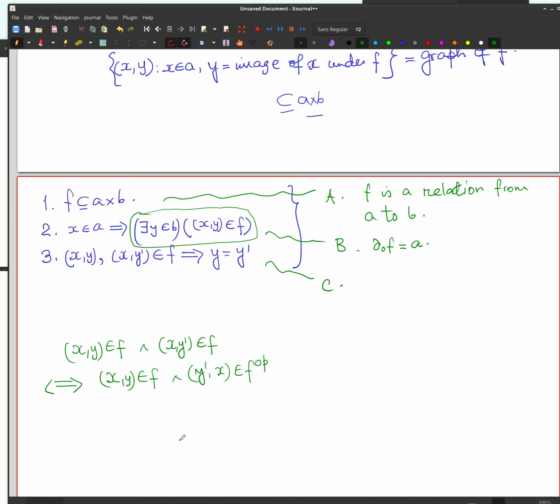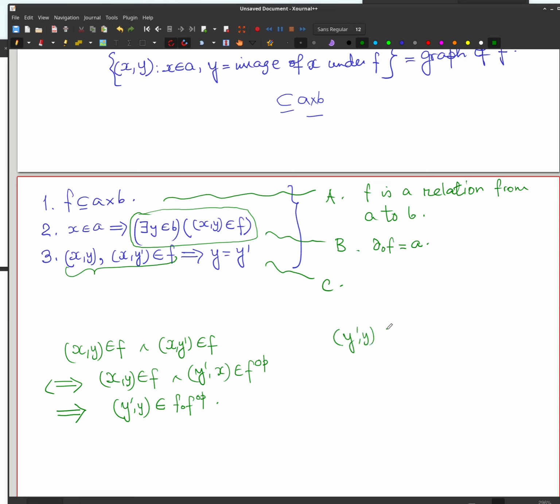So this implies, therefore, (y', y). So I am starting off with this. So this is F composed F op. Clear? So this is this part. This implies this. Now let me see the other way around.